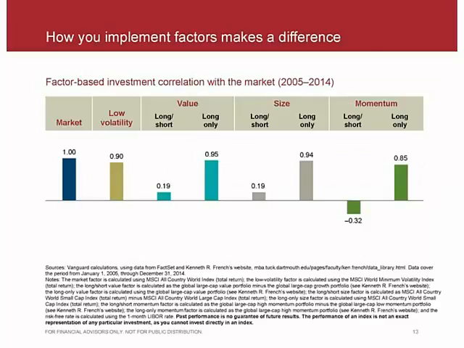So as you're implementing them, there's lots of differences. What we did here is we just took a look at a very small sample of global factors, and said, okay, what's the correlation of each of these global factors with the equity market factor, which all of us are very familiar with. And so obviously the market's going to have a one correlation with itself, but what you notice is the long-only factors across the page have a really high correlation to the market.